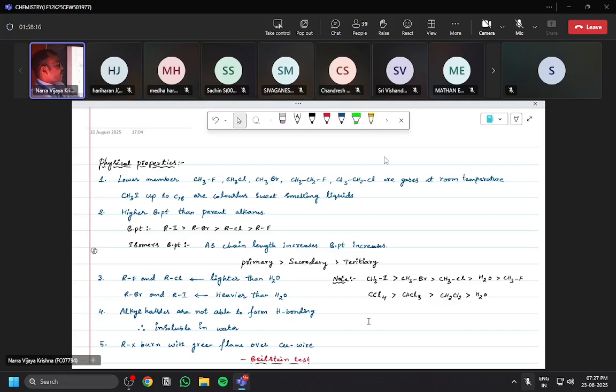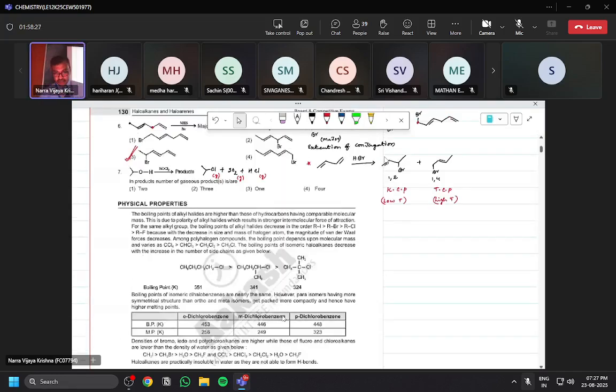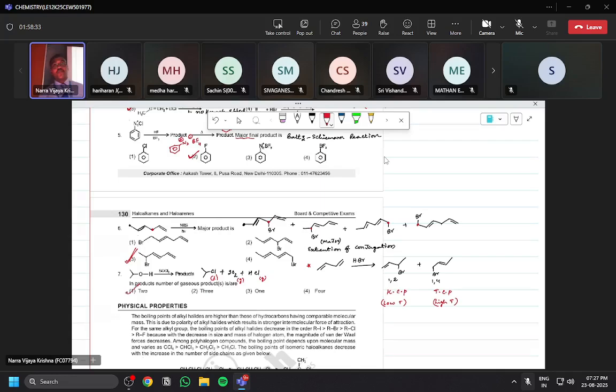Methyl iodide and up to C18 are colorless, sweet smelling liquids. So isopropyl chloride becomes liquid. This is gas, this is gas. So the answer must be 2.